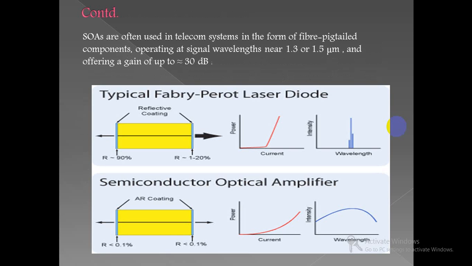It is used in telecom systems in the form of fiber pigtailed components operating at signal wavelengths near 1.3 or 1.5 micrometer and offering a gain of up to 30 dB.